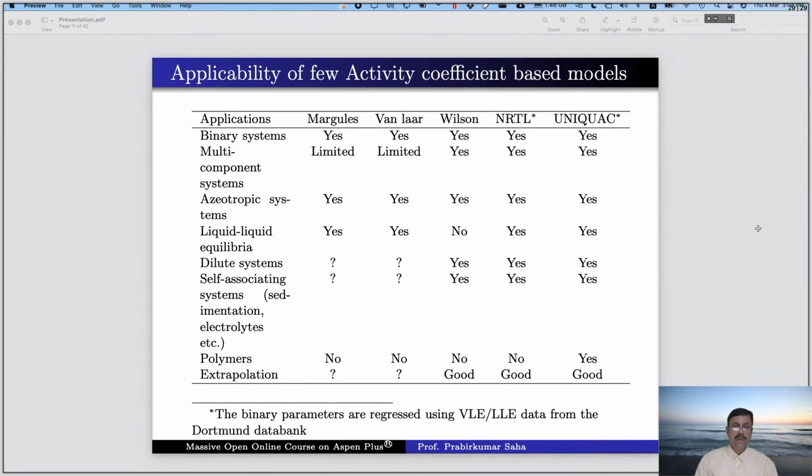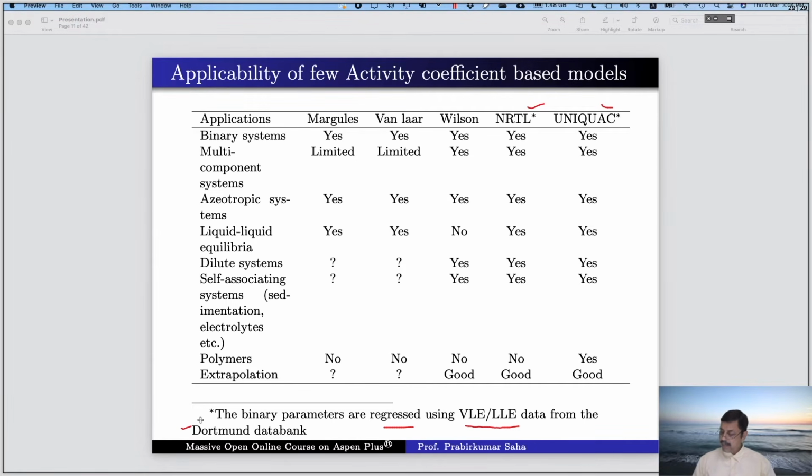Now here we have got some activity coefficient based models. They are Margules, Van Laar, Wilson, NRTL, and UNIFAC. Now the binary parameters of NRTL and UNIFAC have been regressed using vapor-liquid equilibrium or liquid-liquid equilibrium data from the Dortmund data bank.